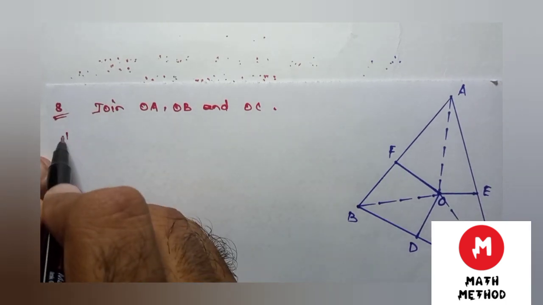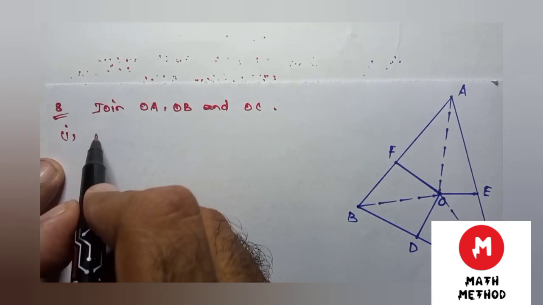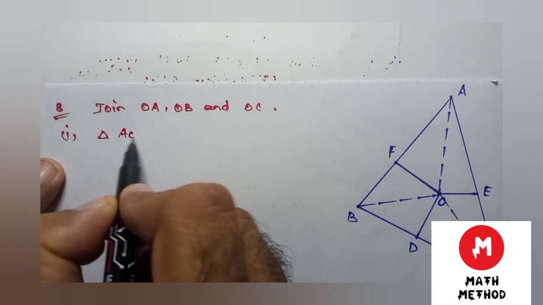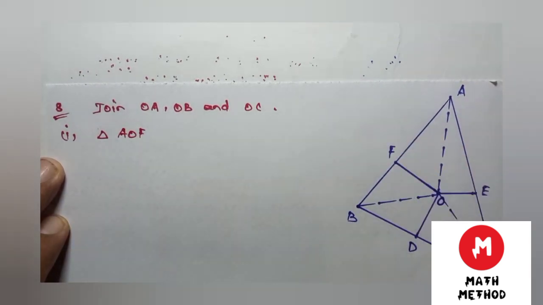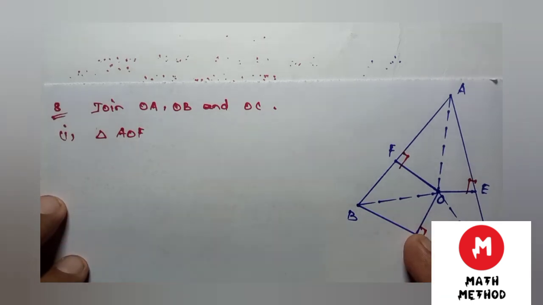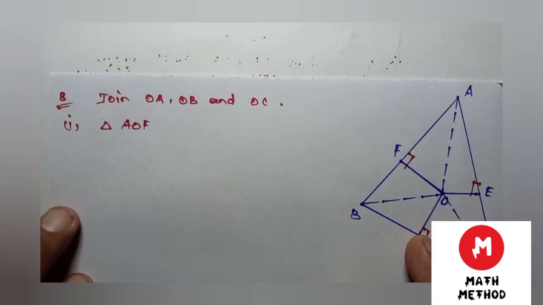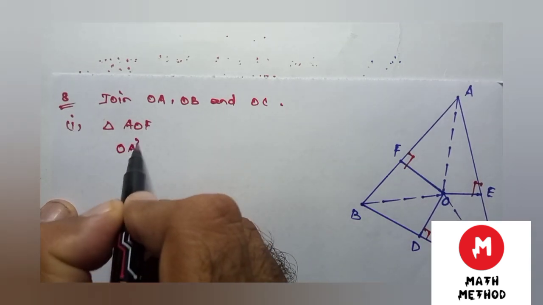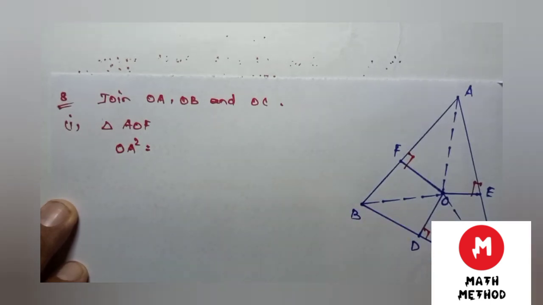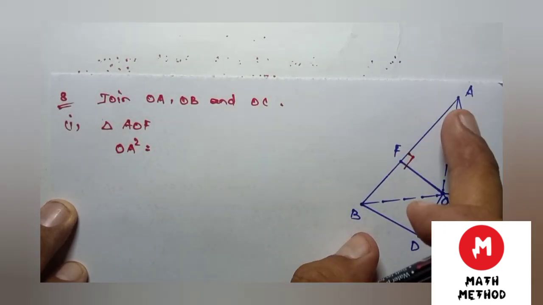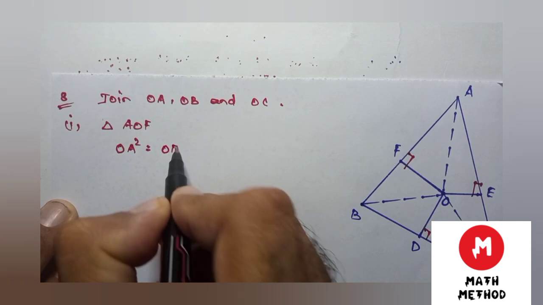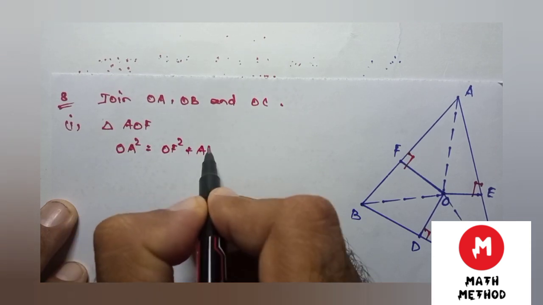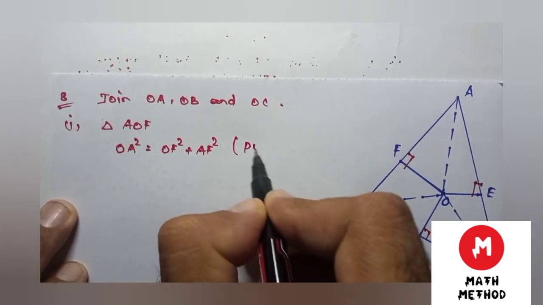Now part 1, in triangle AOF, this is perpendicular. Therefore by applying the Pythagoras theorem in triangle AOF, we will get OA square equals OF square plus AF square.